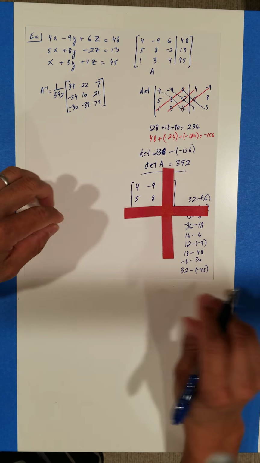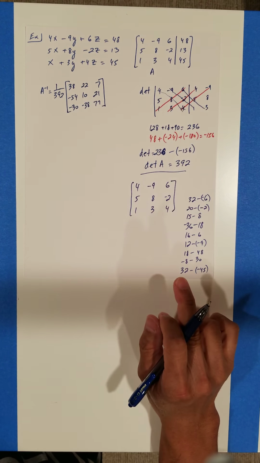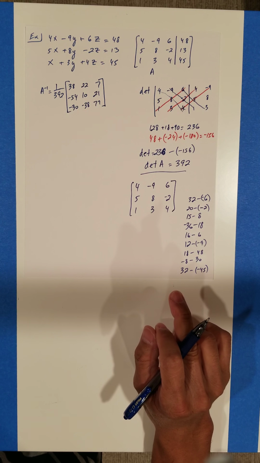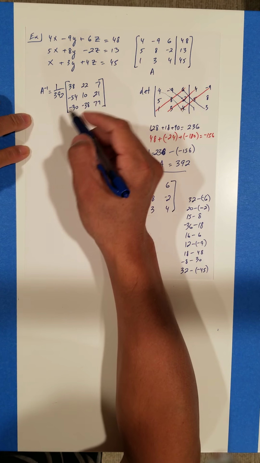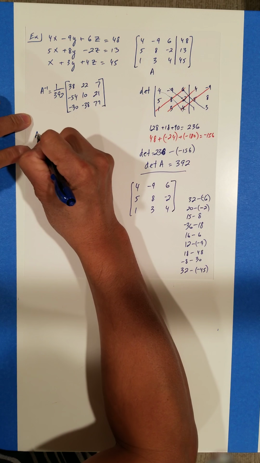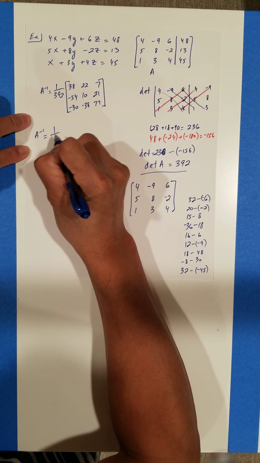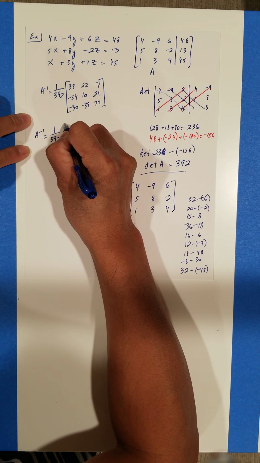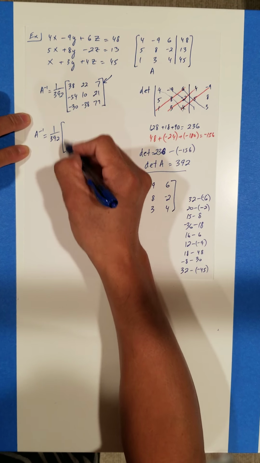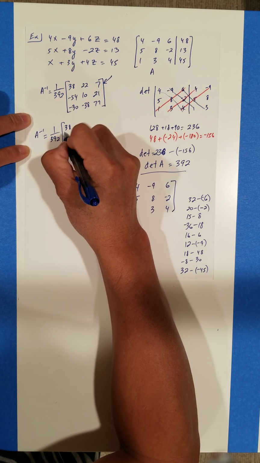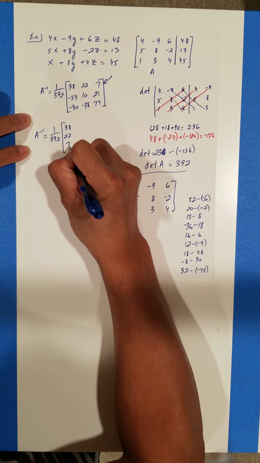All right. Now, remember rule 3. Rule 3 says take the row and stand it up. So the inverse is 1 over 392. Okay, take this row here, row 1. I'm going to make it stand up and down. So 38, 22, 7.